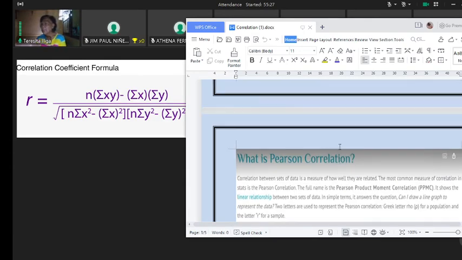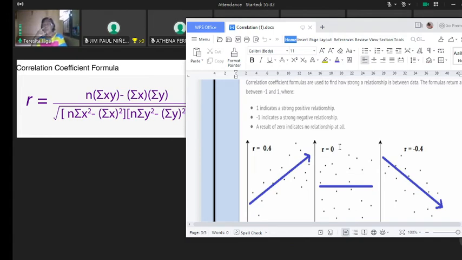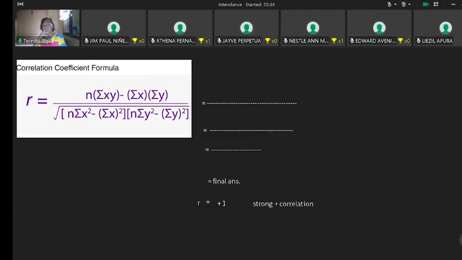Algebraically, what do you analyze if you have a graph which is upwards to the right? What happens to the values? This is not the decision, I am just analyzing it in terms of algebra. What happens to the variables if you have a graph going upwards to the right?